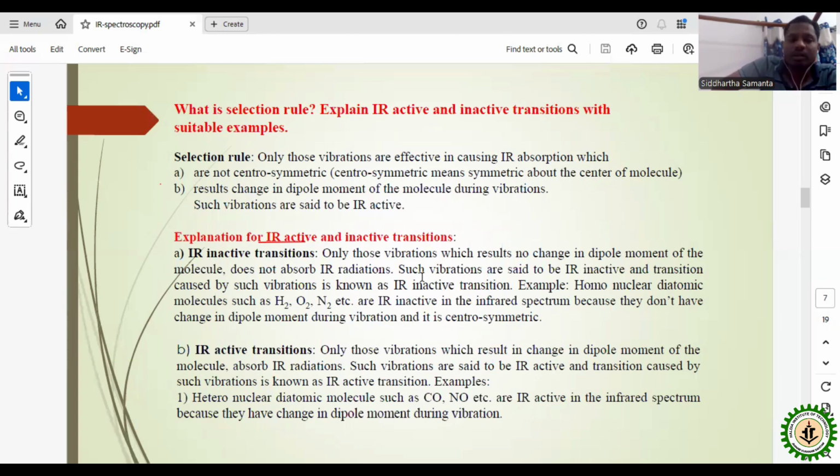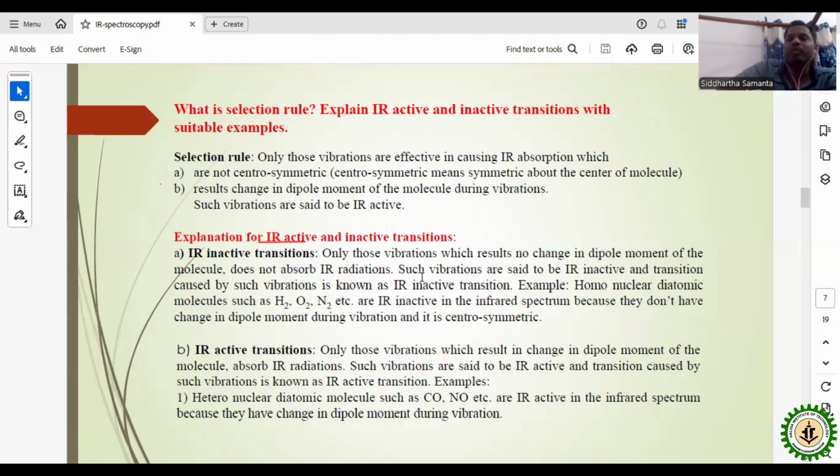Like H2, O2, N2, this type of homonuclear diatomic molecule. In any vibrational mode, the dipole moment is zero. So this is an IR inactive molecule.